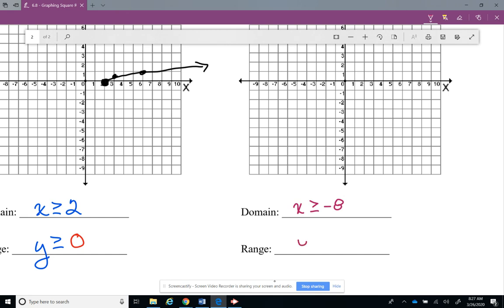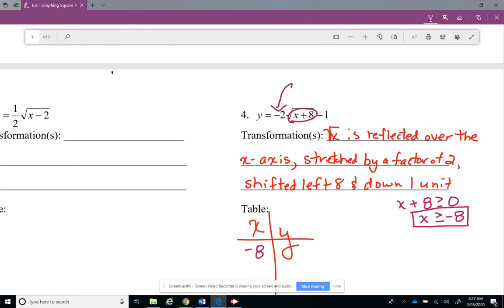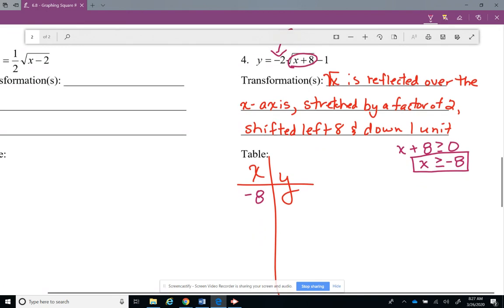Now we could go ahead and put y is less than or equal to, because there's a negative out in front. So I know my y is going to be less than. All right, let's go see what our range starts with. We already saw that our domain starts with negative 8 and it gets bigger. Let's see what happens with our range. So I'm going to plug in that negative 8 into this problem.